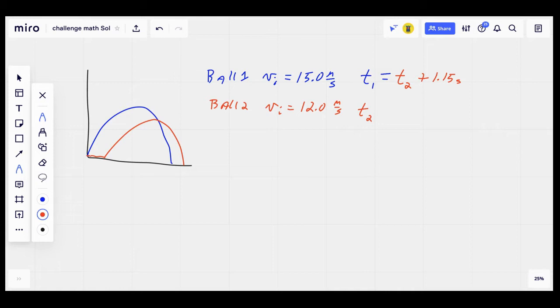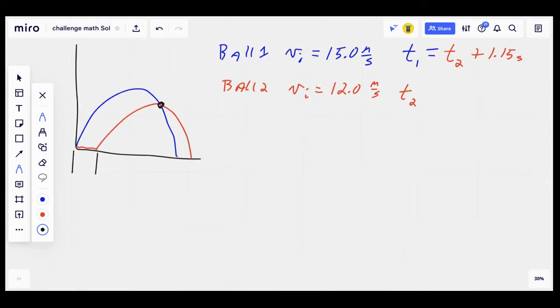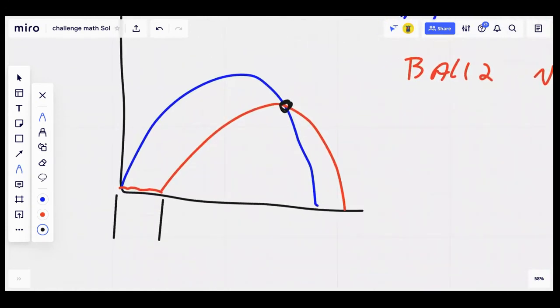So T1 is the time that ball one is in the air, and when they meet, they're going to meet right here. That time is equal to T2's time plus 1.15 seconds. So think about it, this is 1.15 seconds later, that's when the second ball is released.